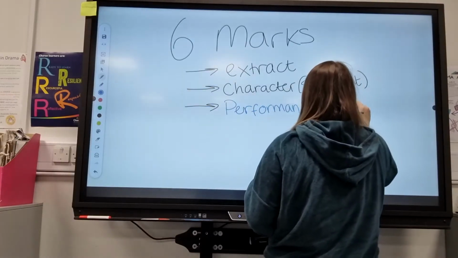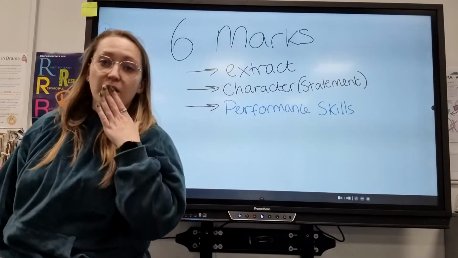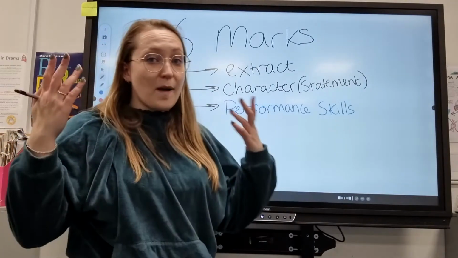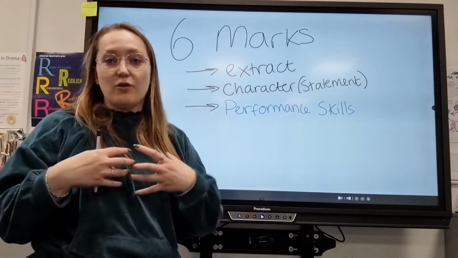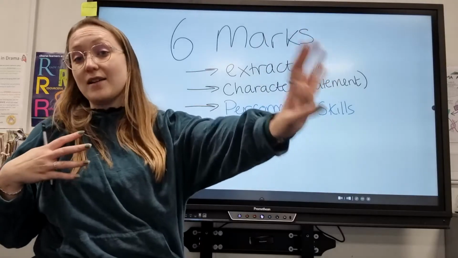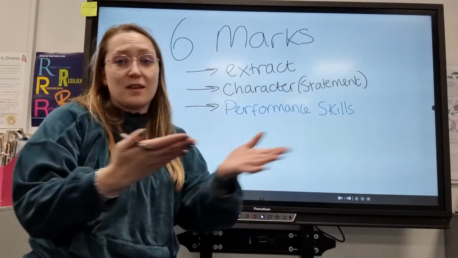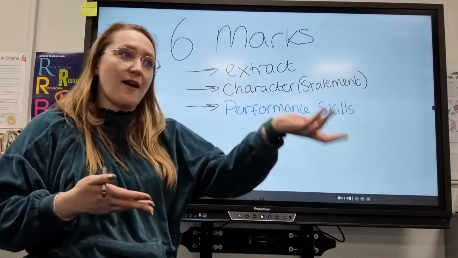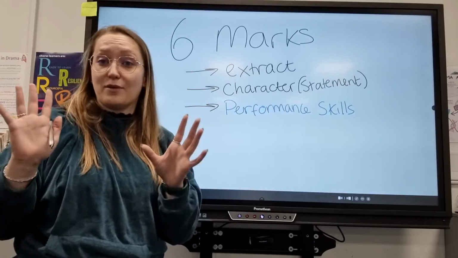It's just by using performance skills, it means they want you to talk about both vocal and physical skills. You can also talk about stage space in this question. So in terms of where your character is stood in relation to other characters, so proxemics, also the path they might take. They might be stood centre stage because that might prove how that character is trying to be in charge, or that they're afraid of other characters, or whatever it might be.